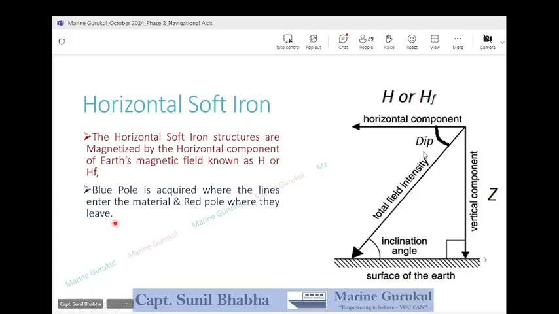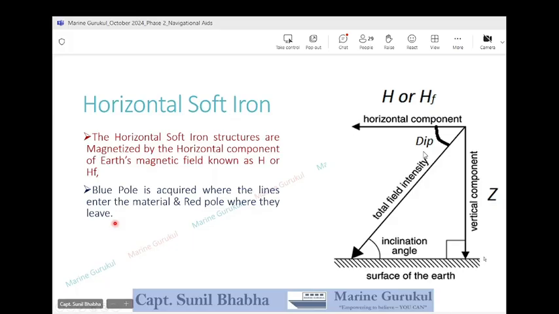Now, if we have a fore and aft longitudinal, the magnetic lines of force will be entering into that end of the longitudinal which is toward the stern. And since the lines are entering there, it will have a blue pole at that particular location.